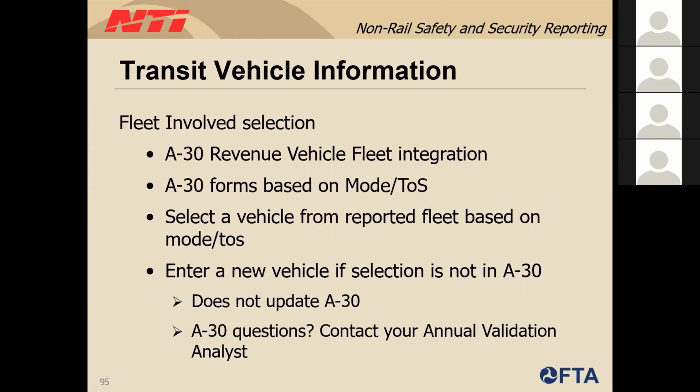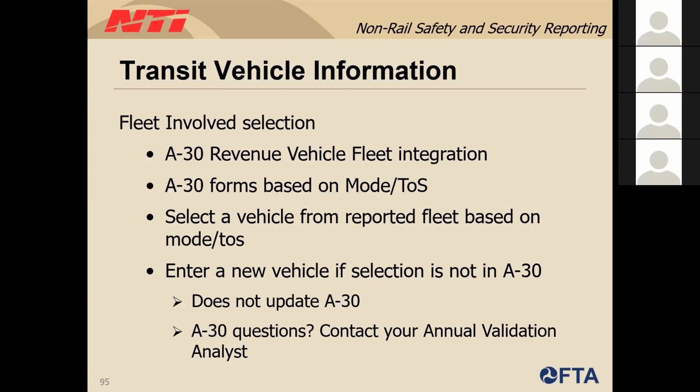The fleet involved section integrates with your agency's most current A30 revenue vehicle inventory form. There are separate A30 forms for each mode and type of service. With this integration, you will choose a vehicle from the list of available options. When the selection is made, the vehicle manufacturer and fuel type is already part of the selection, thus eliminating making an incorrect selection.